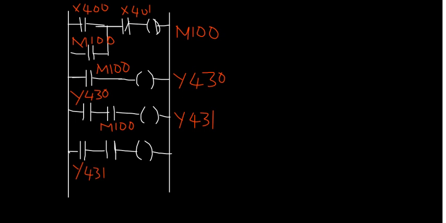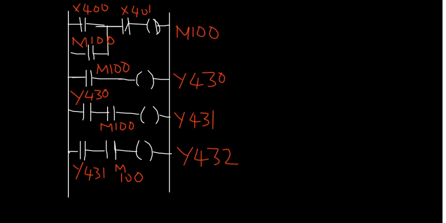You have got one input switch which is X400, and whenever you have one of this nature, they are generally referred to as stop switches because they are normally closed. Whenever you actuate them, the entire circuit gets opened. That is the reason why they are called stop switches.